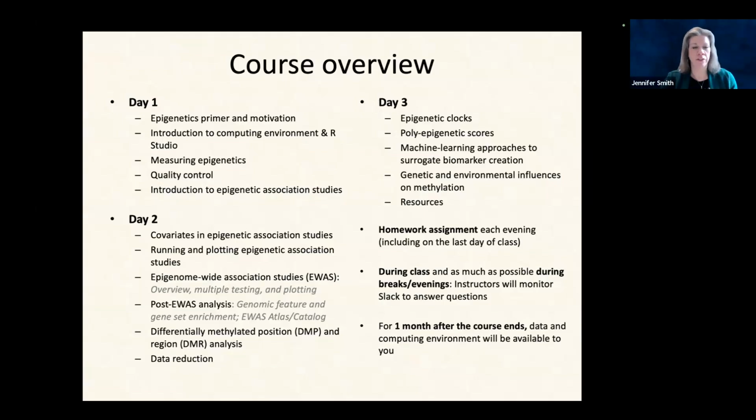But I did try to weave those topics into other pieces throughout the course, so if we run out of time for that part of the lecture, no big deal. We will have a homework assignment every evening, including on the last day of class, but we'll provide solutions to those. Once we give you the homework assignment, we'll go over the solutions the next day in class. And on the last day of class, we gave you slides already that have all the solutions there.